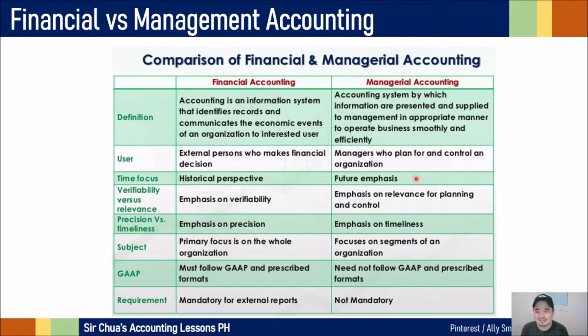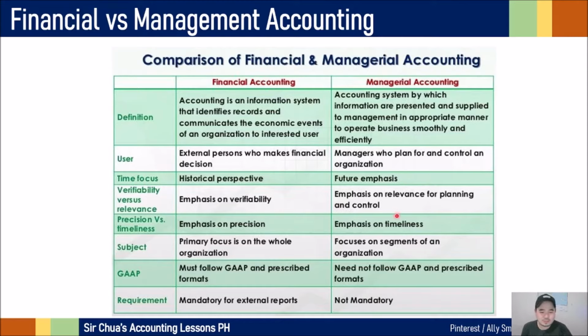Next, for verifiability, we emphasize verifiability in financial accounting reports because the amounts that we report in the financial statements should be verifiable, right? Or not really accurate but verifiable.